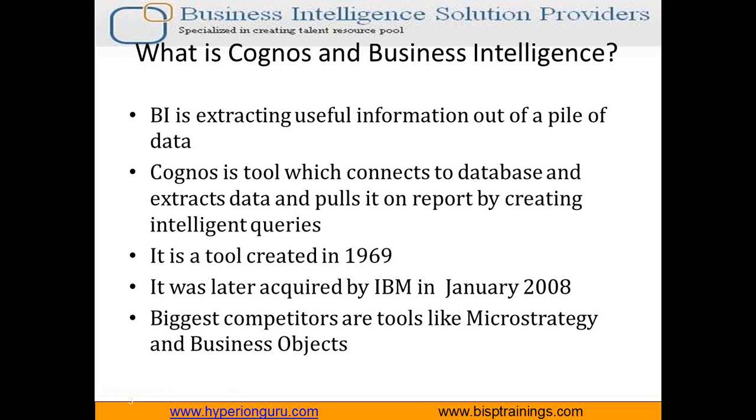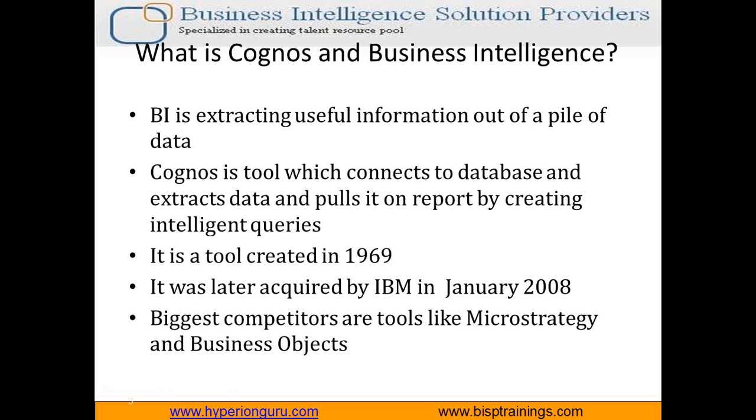Then Cognos is one tool which connects to your data warehouse or database and creates its own intelligent queries, using which you can extract that information. It's a front-end tool which gives you that platform to do your business intelligence.